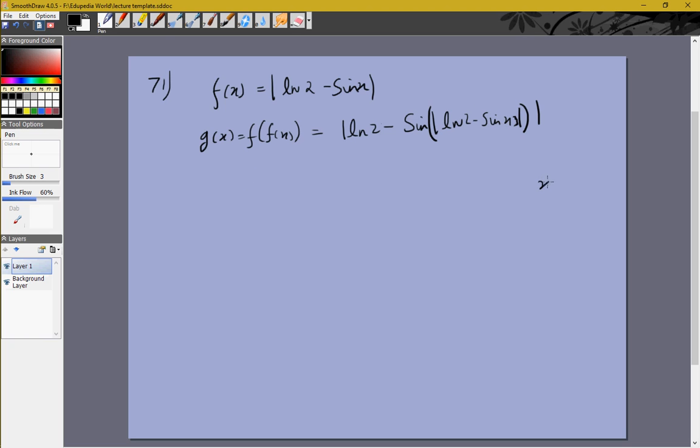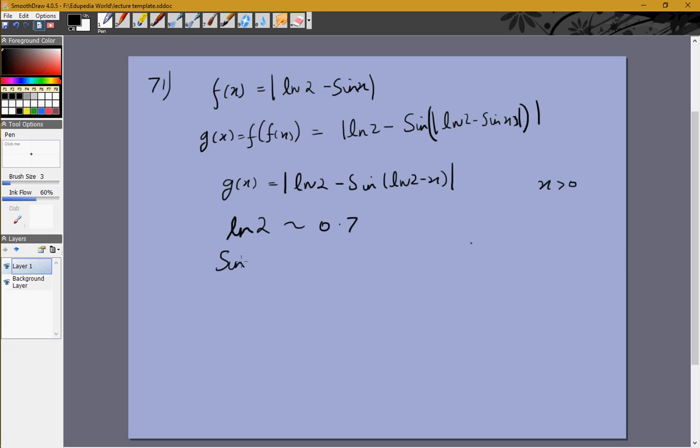So for x greater than 0, we can write g of x is equal to mod of ln2 minus sine of ln2 minus x, because ln2 is obviously greater than x. Now what about sine of ln2 minus x? For that we can look at the approximate values. ln2 is approximately 0.7.